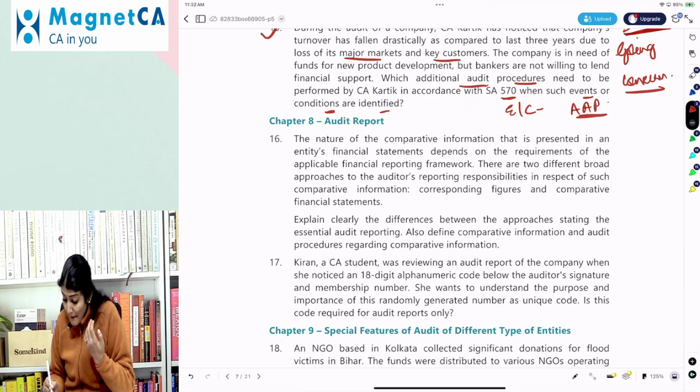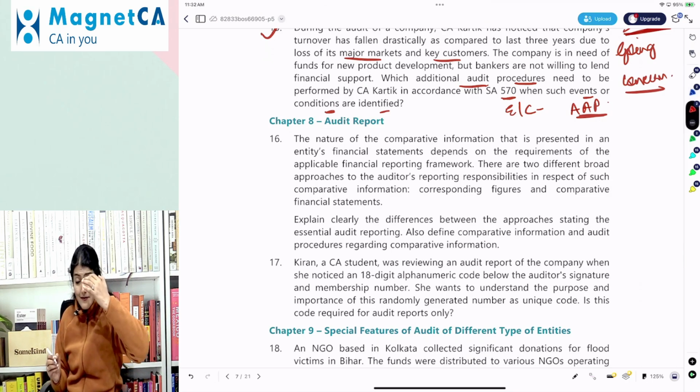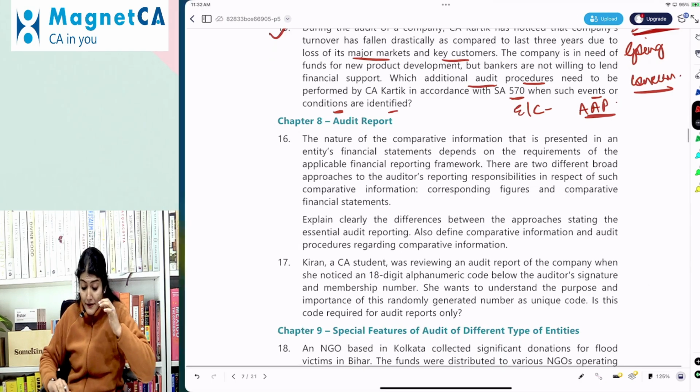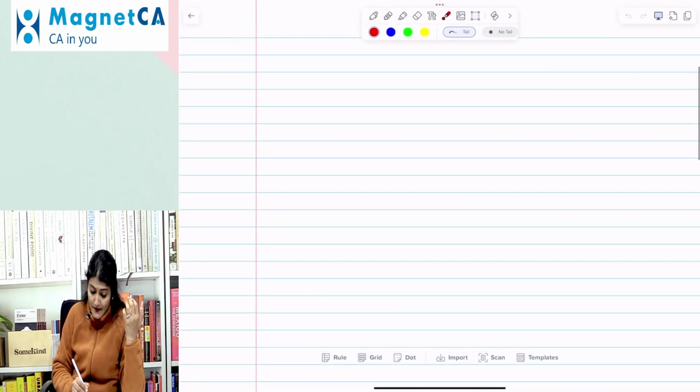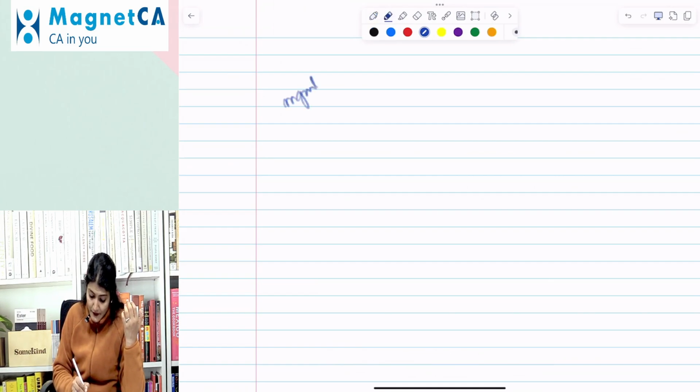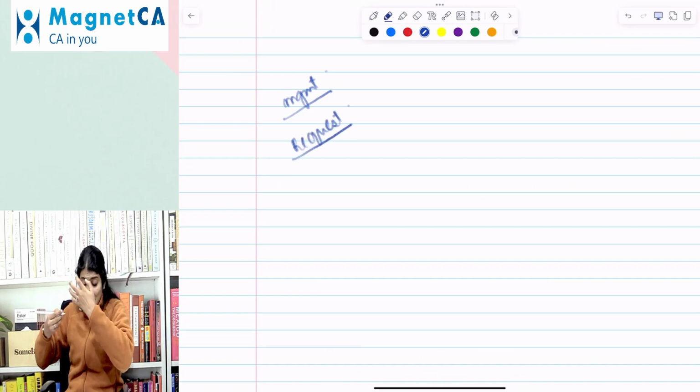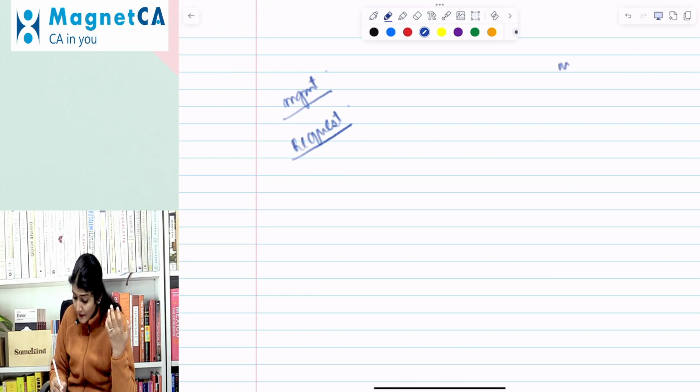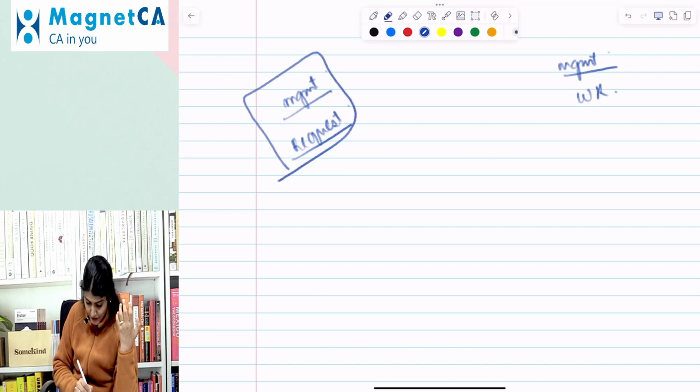Right. So one, doing the going concern assessment is the responsibility of the management. But if management has not yet done the assessment of the going concern, you request the management to do the assessment. Then obviously, whatever the management is telling you about going concern, you are going to obtain written representations from the management.